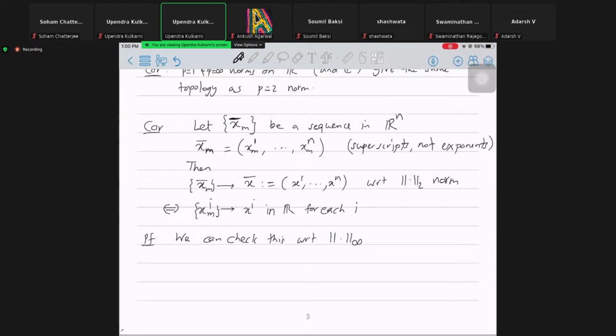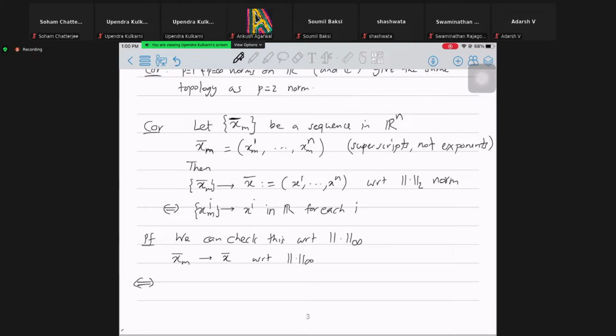So what does it mean that x_m bar converges to x bar with respect to this norm? What does that mean?